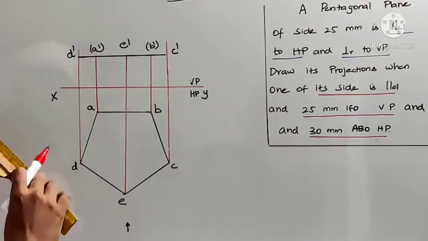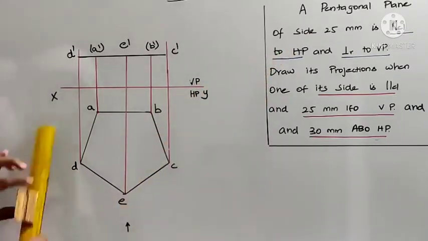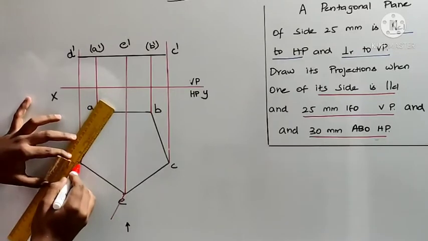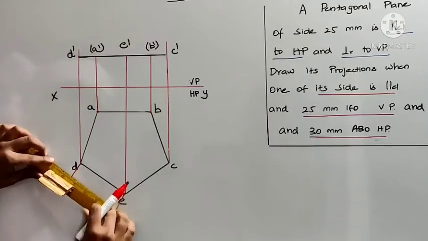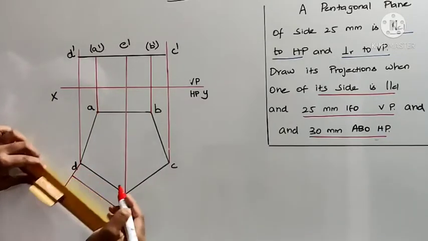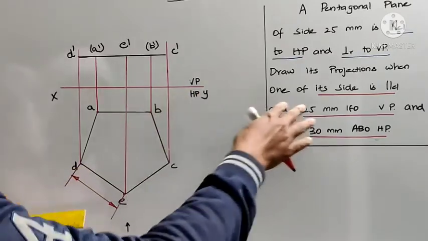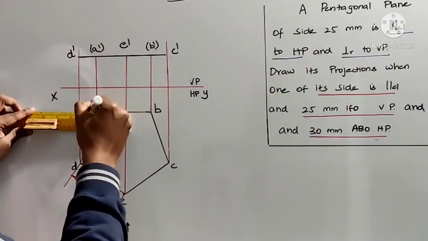Next you need to dimension it. So there are 3 things given in the question. One is the side of a pentagon. So that is 25 mm. And next, the in front of distance and the above distance.